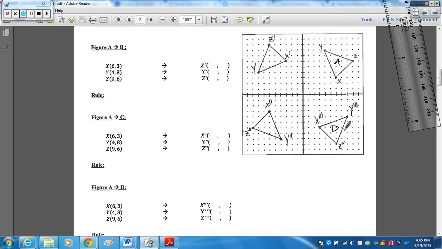This one, if I'm rotating from the first quadrant to the fourth quadrant, I'm rotating it clockwise this time. And as I showed previously, if we're going from X to X double prime, this is going to be 90 degrees, but it's going to be in a clockwise manner. So as opposed to the first set that was 90 degrees counterclockwise, this is going to be 90 degrees clockwise.